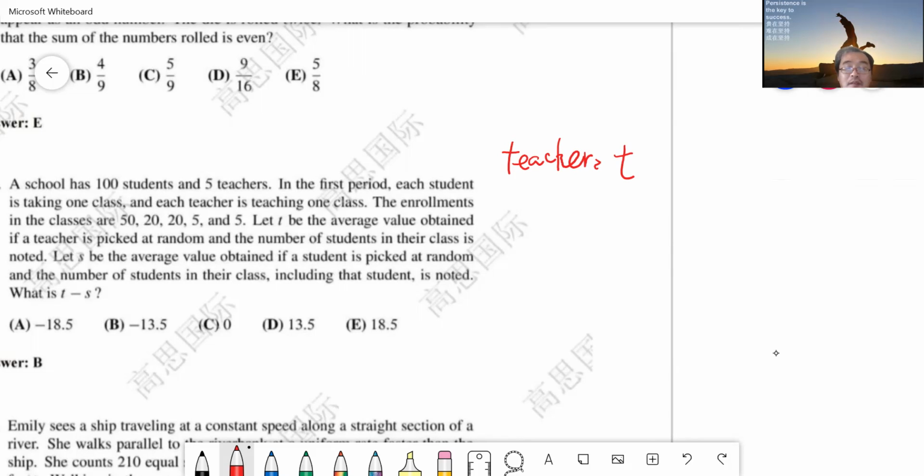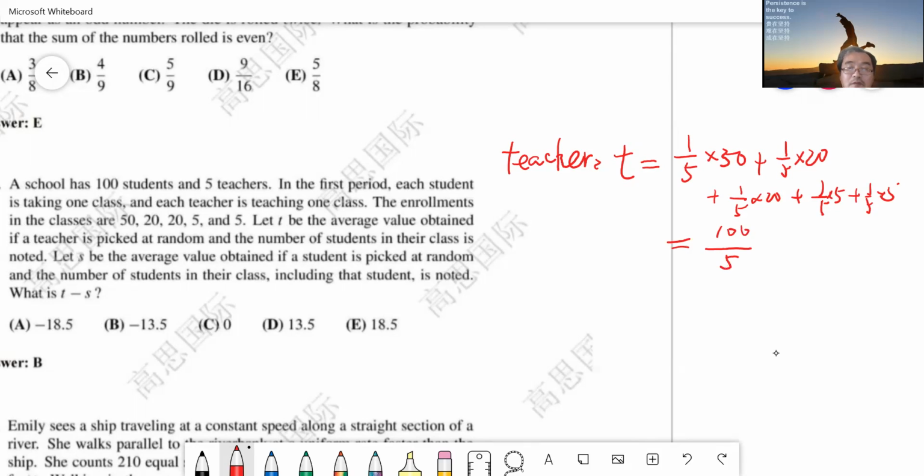So the expected value is 1/5 times 50 plus 1/5 times 20 plus 1/5 times 20 plus 1/5 times 5 plus 1/5 times 5. That's just equal to 100 divided by 5, which equals 20. The expected value for the teacher is just 20.